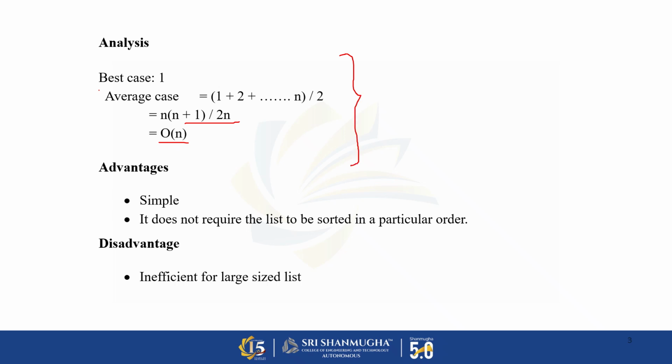The advantages are that it is simple, and it does not require the list to be sorted in a particular order. The disadvantage is that it is inefficient for large sized lists. If we have a simple set of numbers, we use this. If we have a large sized list, it is not efficient.